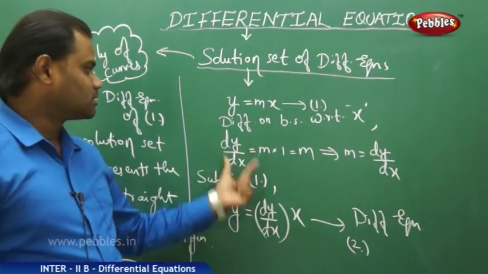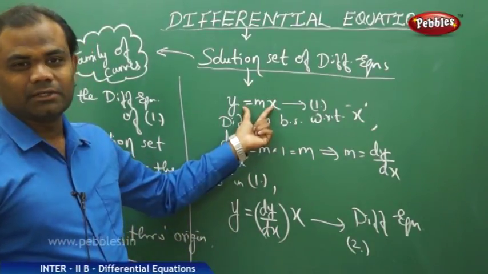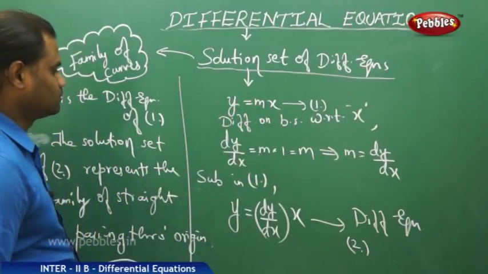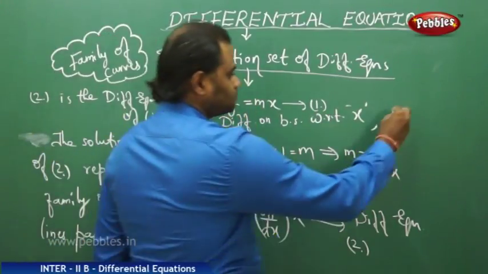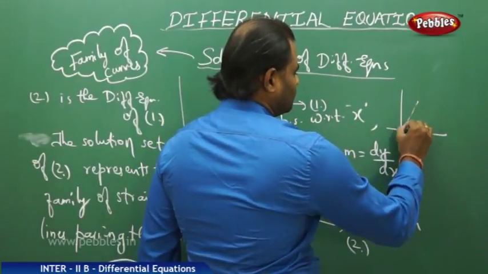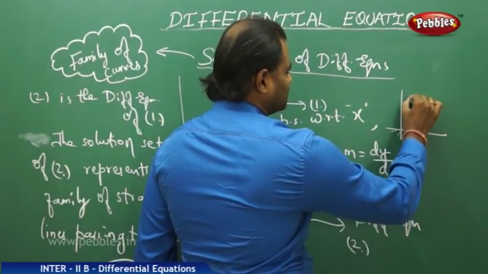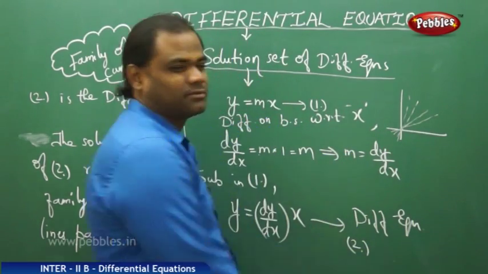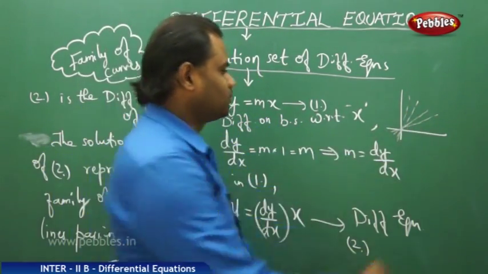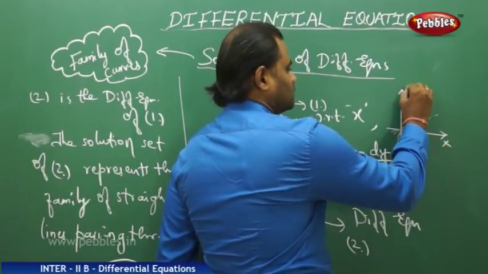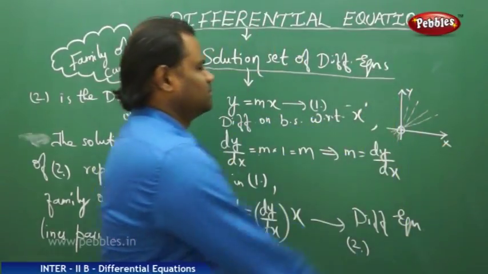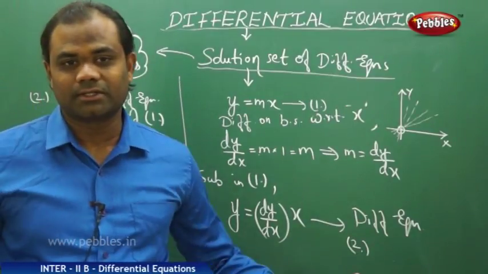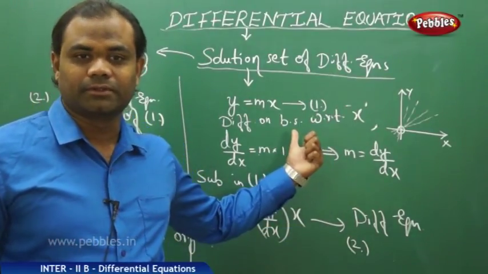The solution of this is this, which clearly is the set of all lines passing through origin. So we have all the lines passing through the origin, the family of curves connected with the solution set of the differential equation.